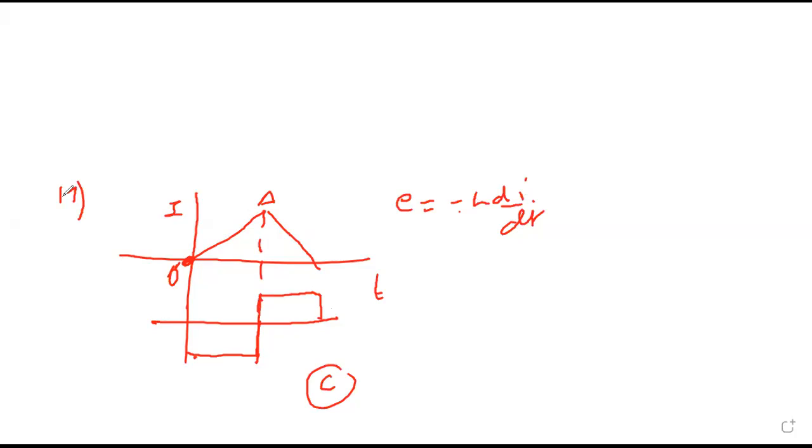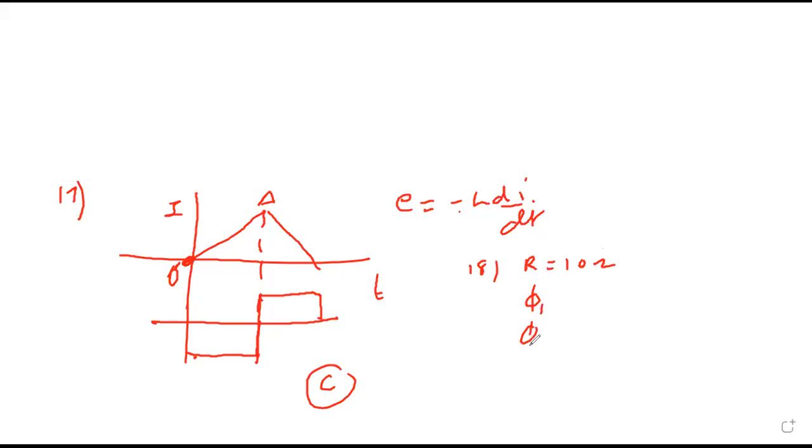Chalo, we'll go to next sum now. The charge induced in a 10 ohm coil, when magnetic flux linked with the coil changes from 0.55 to 0.05.